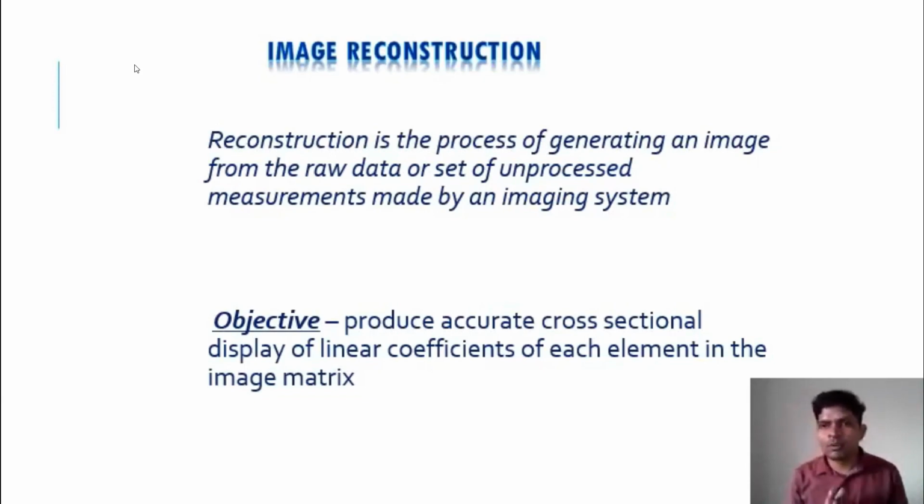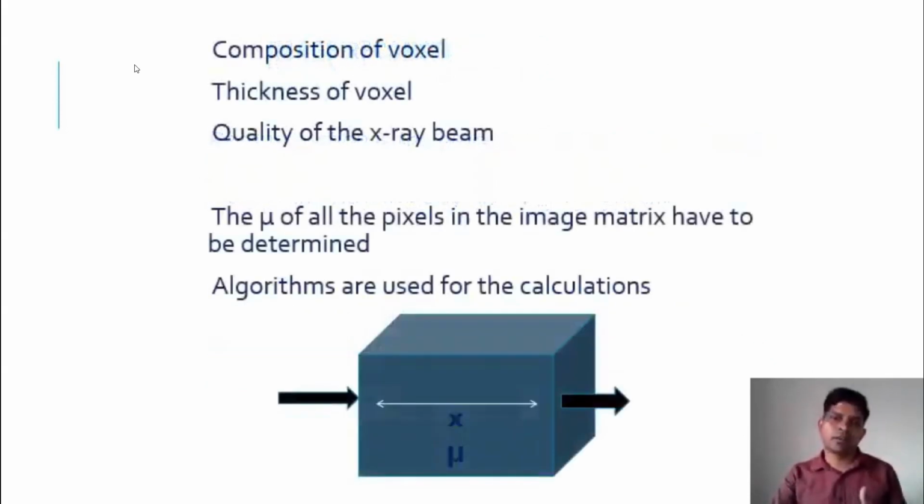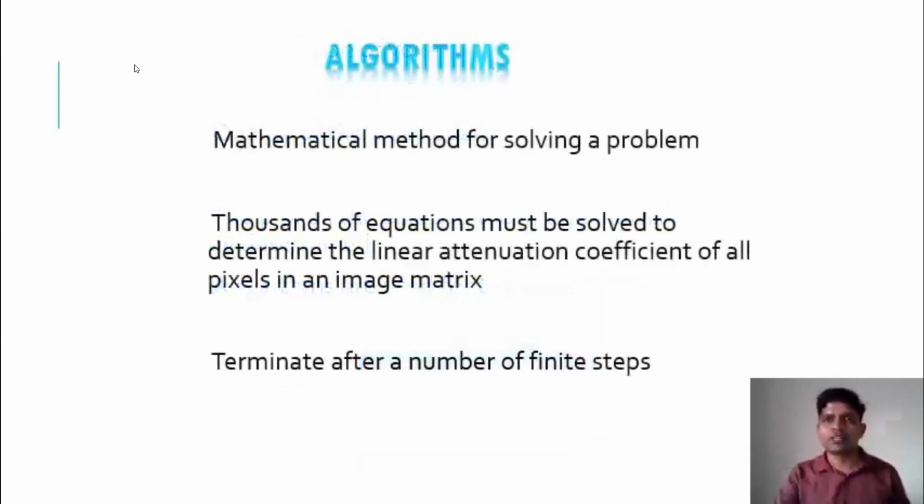It means no information should be lost due to the image reconstruction. I already explained this in the beginning itself. This reconstruction takes place when the composition of the voxel, thickness of the voxel, and quality of the X-ray beam are involved in creating the reconstruction technique.